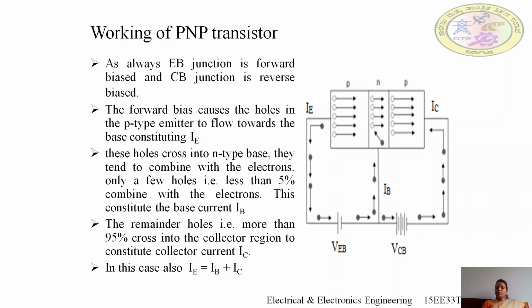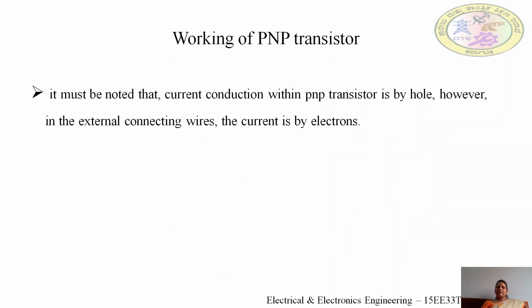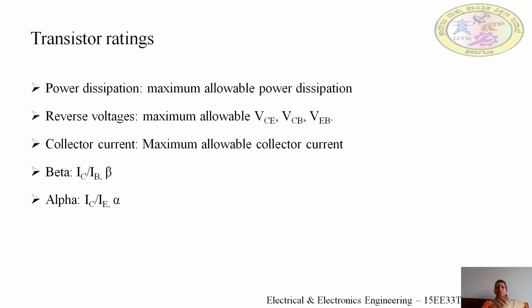So this is a very important point to be noted in the case of a PNP transistor. The same thing has been written here. It must be noted that current conduction within a PNP transistor is by holes. However, in the external connecting wires, the current is by electrons only.